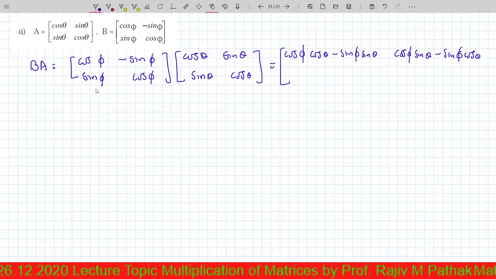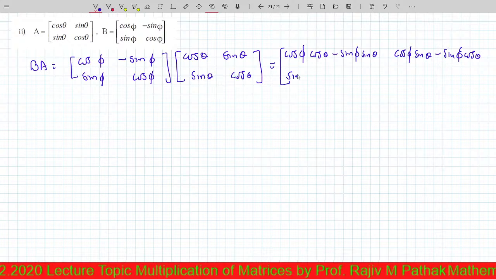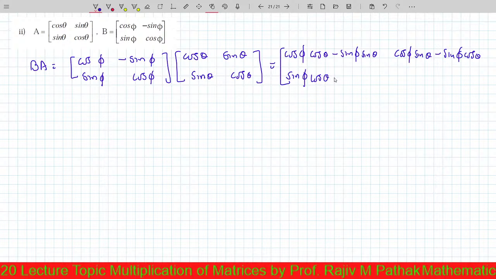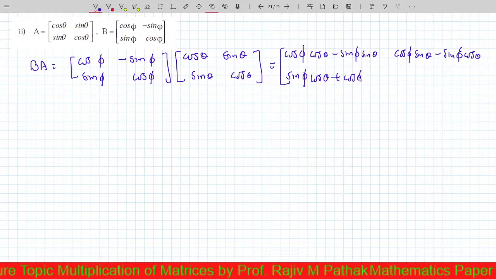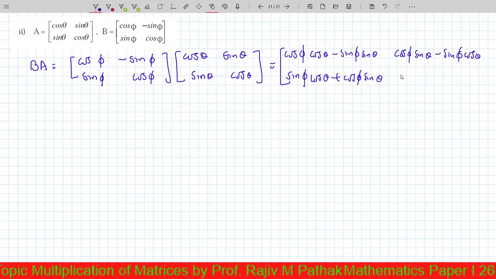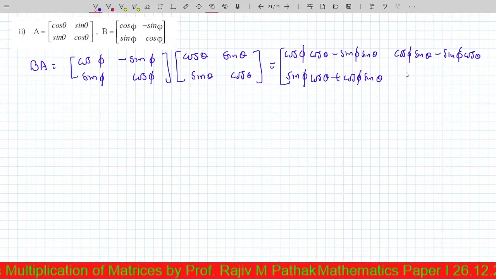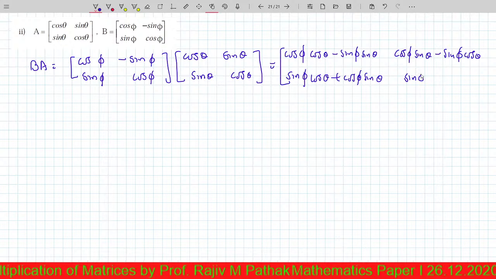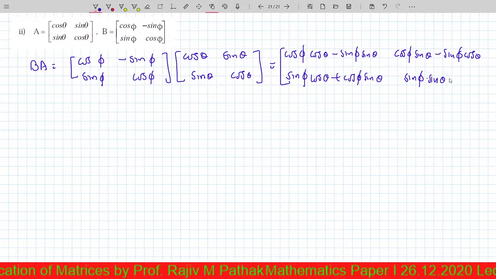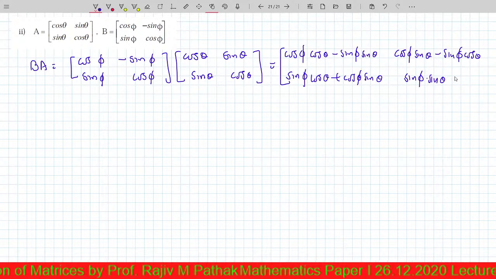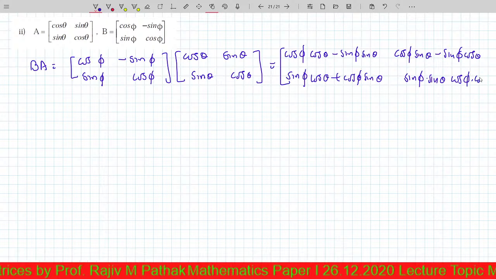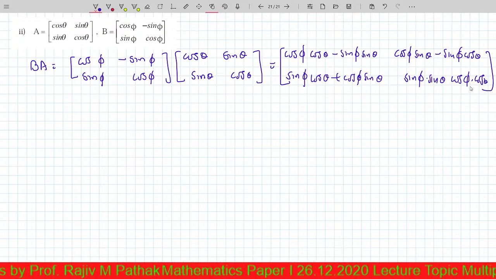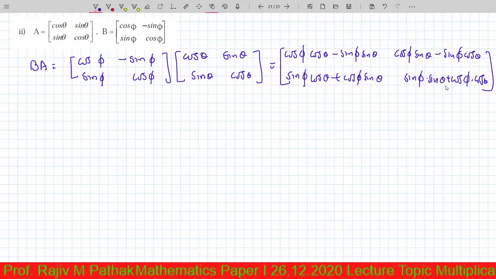Then second row with first column sin phi into cos theta plus cos phi into sin theta, then sin phi into sin theta plus cos phi into cos theta.